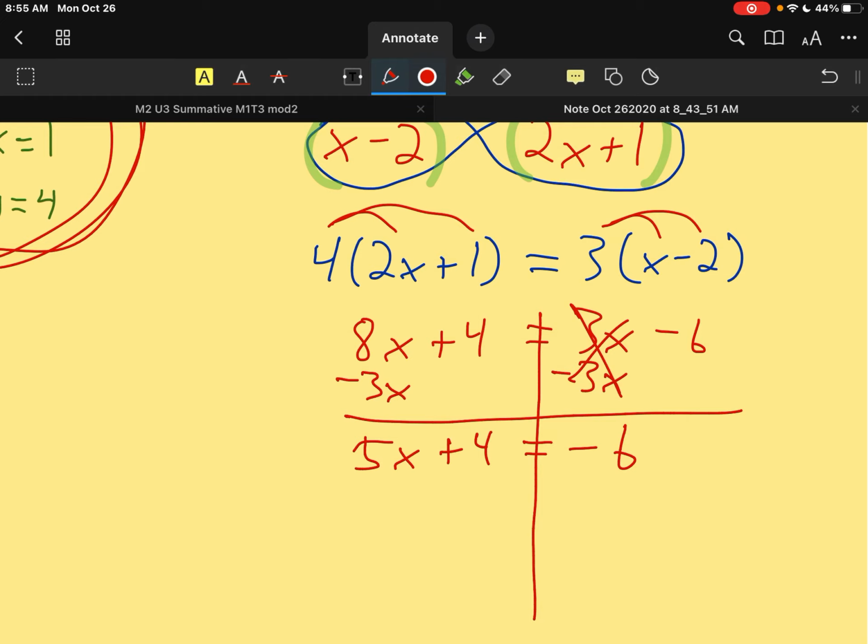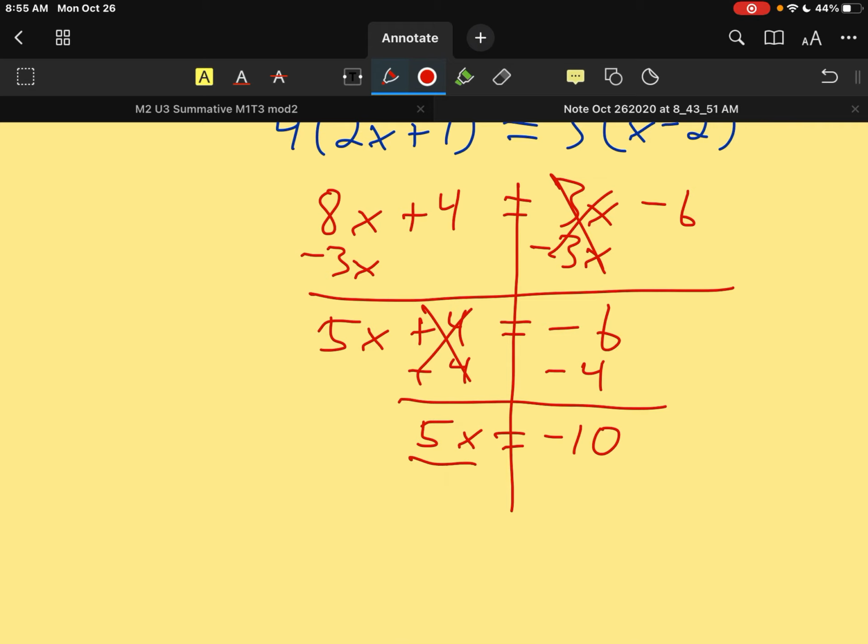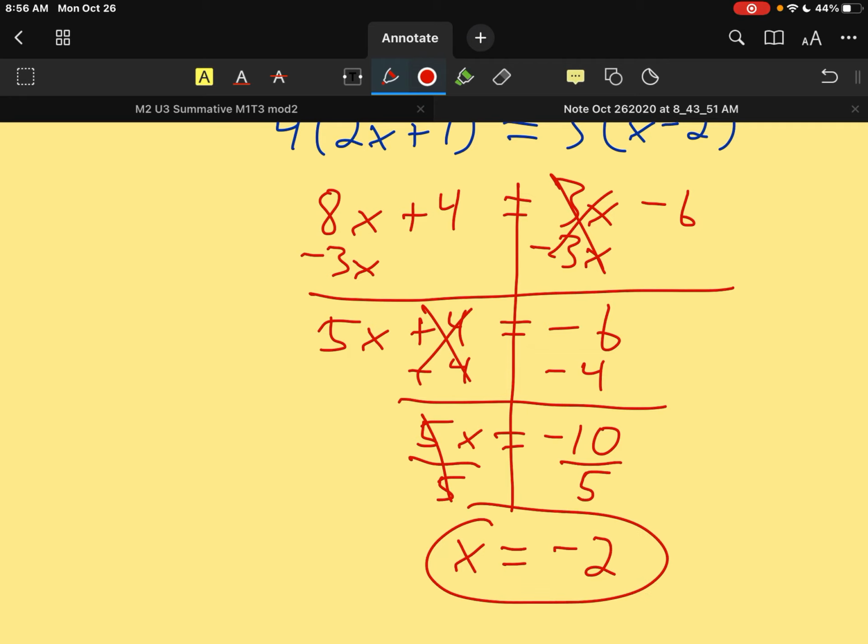And then since I brought the negative 3x to the left, I'm going to bring the 4 to the right by subtracting it and doing the opposite. So I have 5x equals negative 6 minus 4 is negative 10. And then I'm going to divide by 5, the coefficient in front of the x. And I get x equals negative 2.